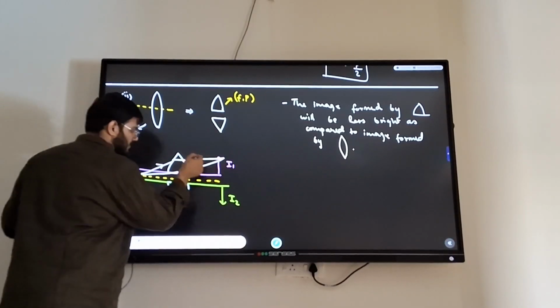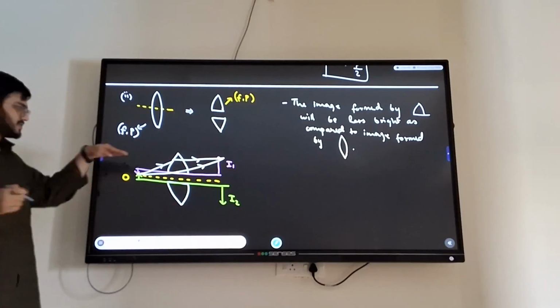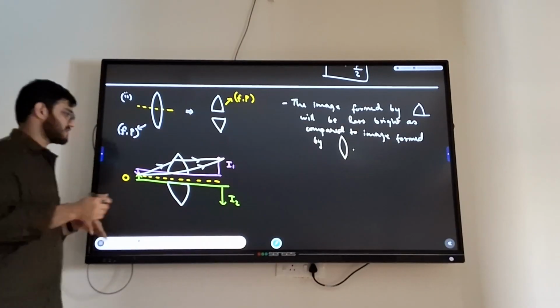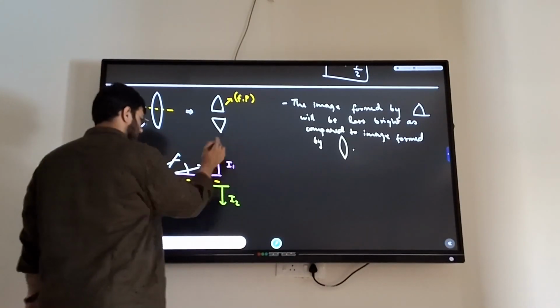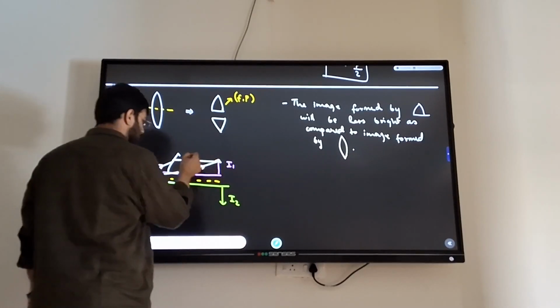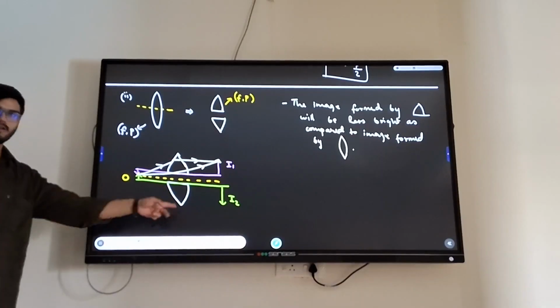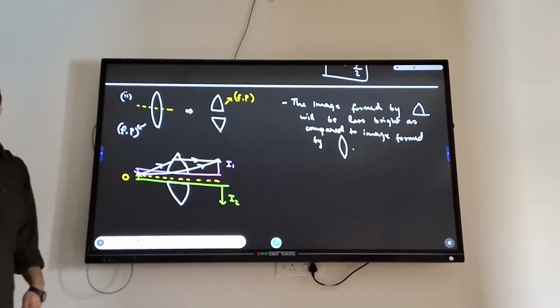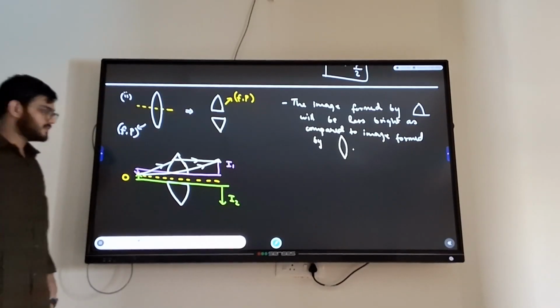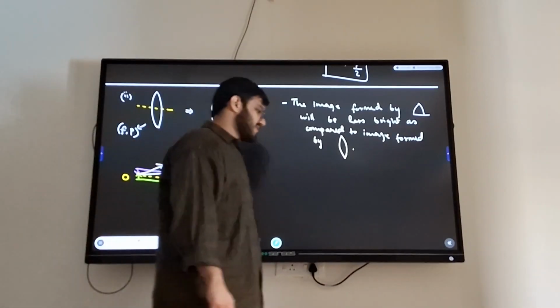Actually, it should be parallel to the principal axis. Hopefully you understand. And then you can make 2 more rays just here as well. Great. This was point number 2.